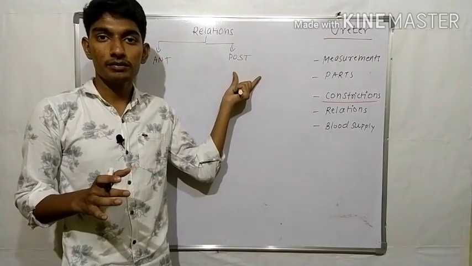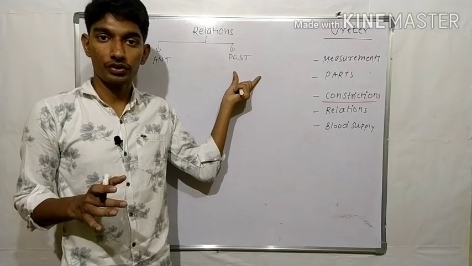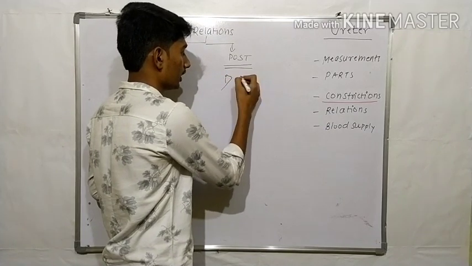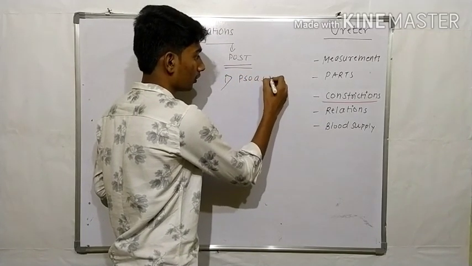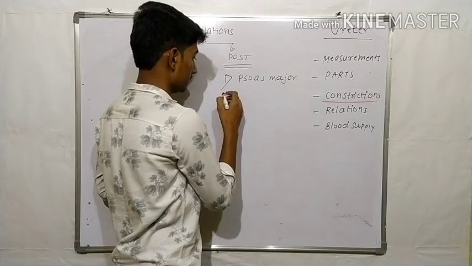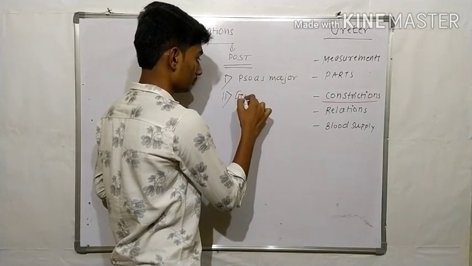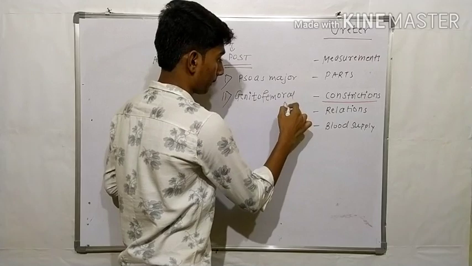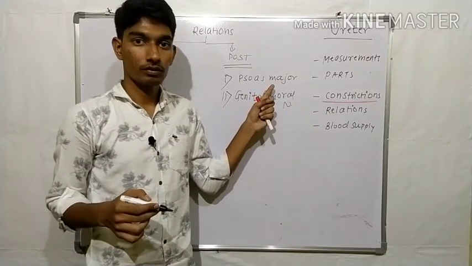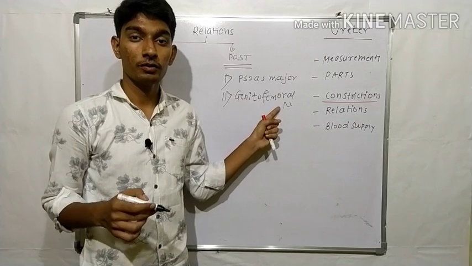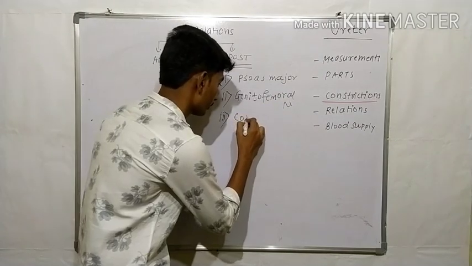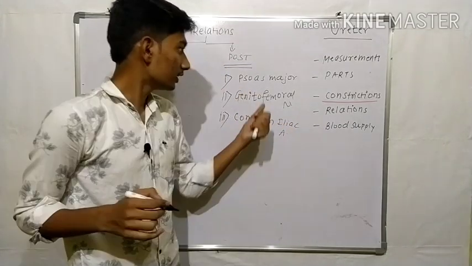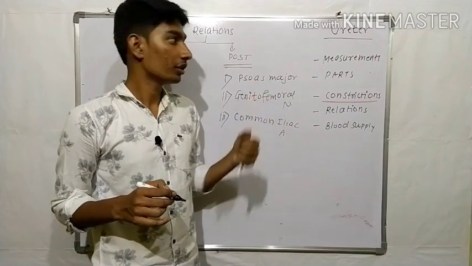Now, first of all, we will see the posterior relations of ureter. In posterior relations of ureter, we have three: psoas major muscle, second, genitofemoral nerve, one muscle, one nerve, and one artery, common iliac artery. These are the posterior relations of ureter.